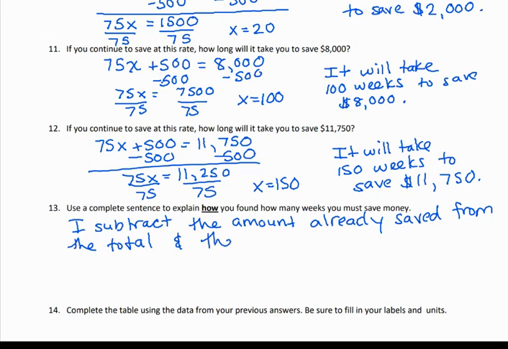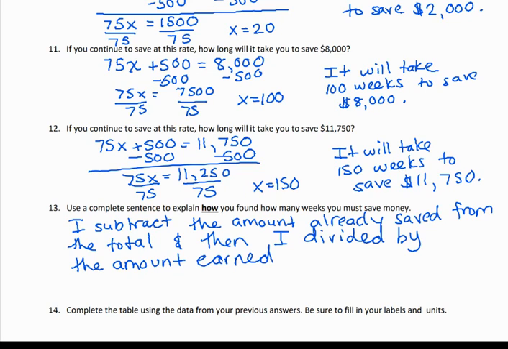And then I divided by 75. But I don't want to say I divided by 75. What's that 75 mean again? $75 is the amount earned per week. And then that tells you the number of weeks.